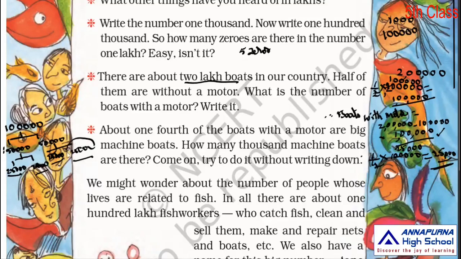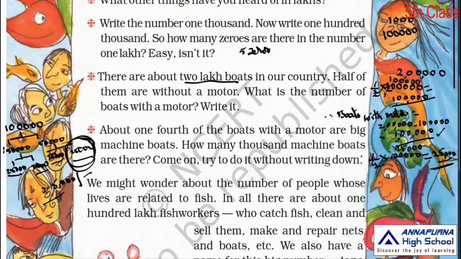If you take one part, that is 1/4 out of 4. What is 1/4 of 1 lakh? 25,000. Like that we can do it without writing down.